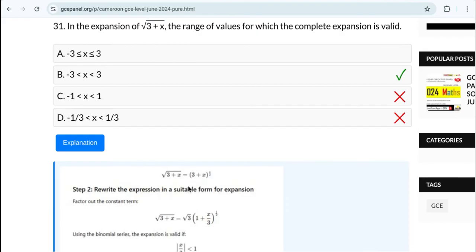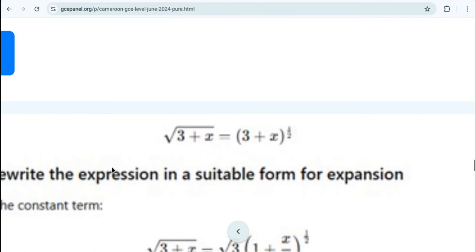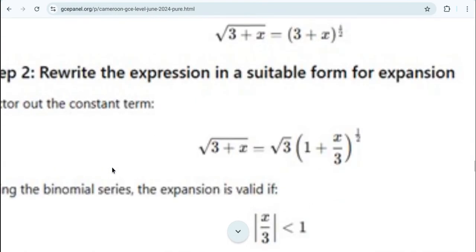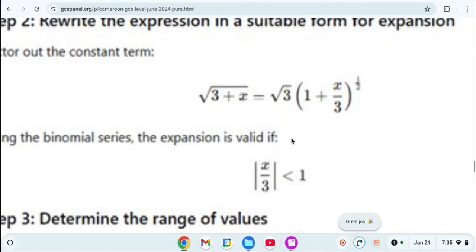We can rewrite it in the form a plus bx to the power n by factoring out the root of 3, or dividing all through by 3. So we'll have root 3 times 1 plus x on 3, all to the power of a half.